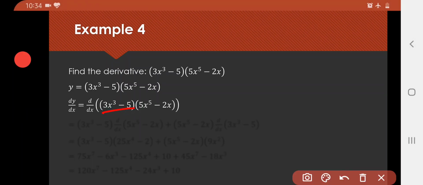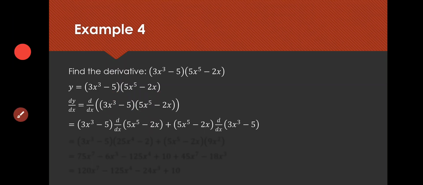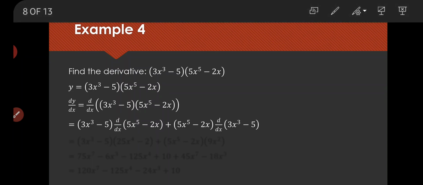So ddx of uv is u into dv dx plus v into du dx. So therefore the next step is going to be something like this. Keep one fixed, do the derivative of the other, and then again keep the other fixed, do the derivative of the first one.